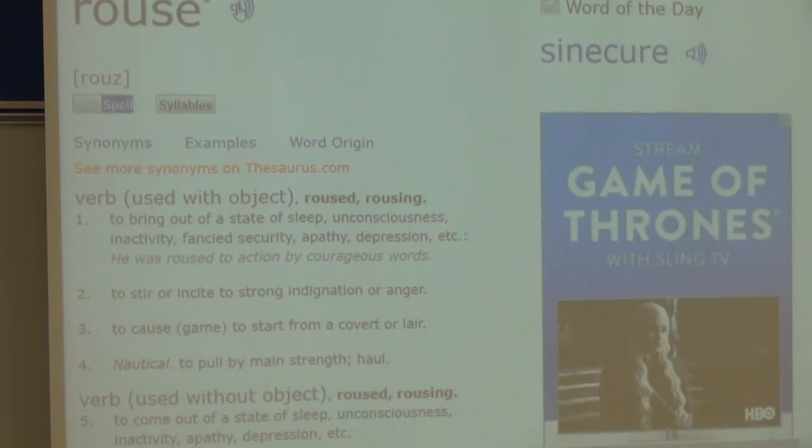Rouse. Okay. So rouse in itself probably is stressed. Rouse. Okay, so that whole word is probably stressed. Anyhow, so we would copy down the word, the phonetic spelling. Alright, you would copy down the word, the phonetic spelling, and the part of speech is a verb.